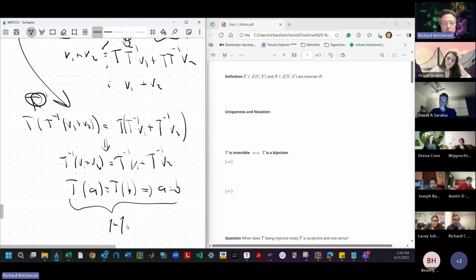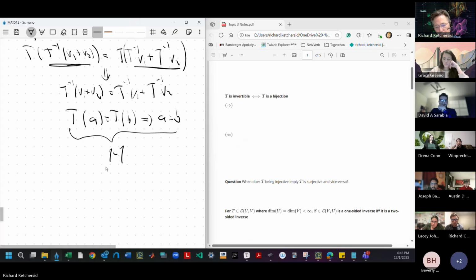So if I apply T to both sides and get the same thing, then the thing I applied T to has to already be the same. Okay, so that does it. That says this is actually equal to that, and that gives me the additive part of being linear. And the scalar multiplication part is similar. So that's an important thing.